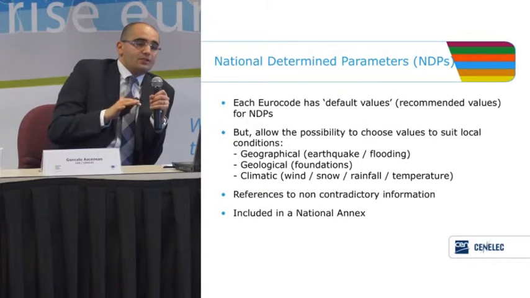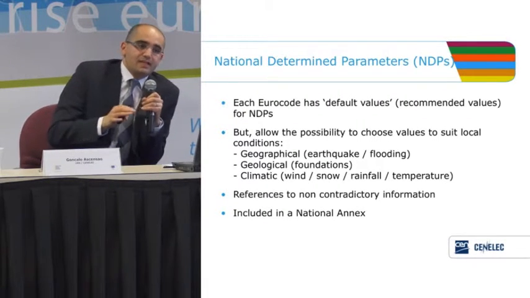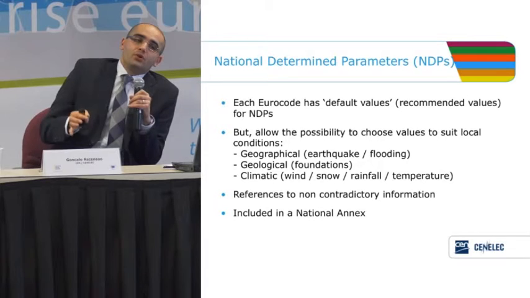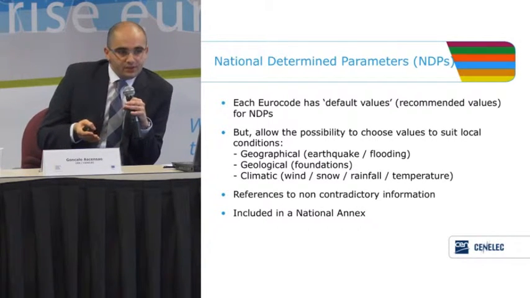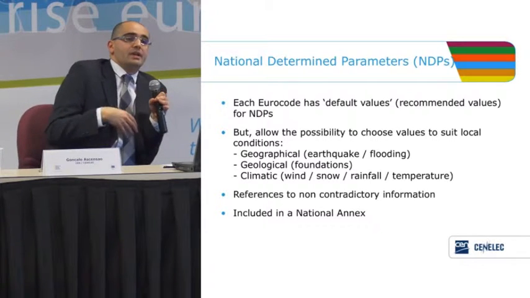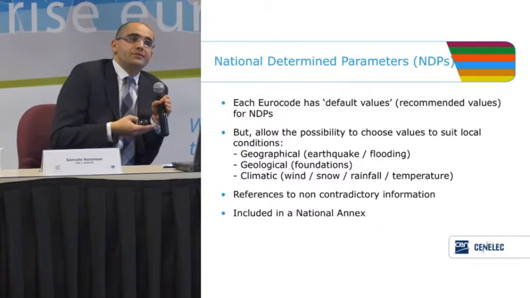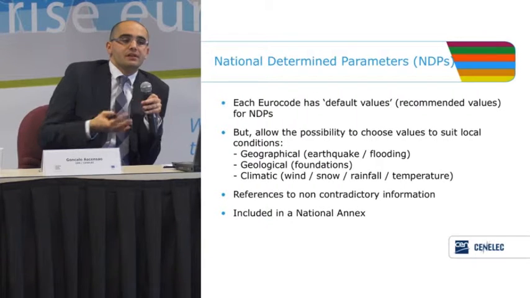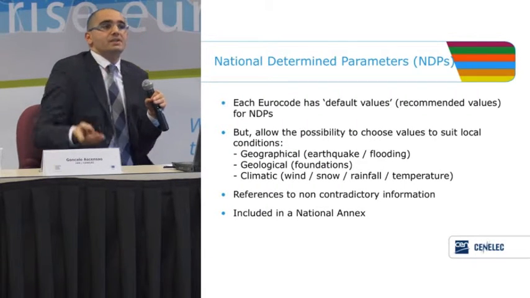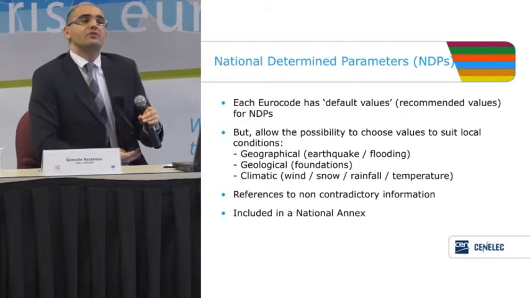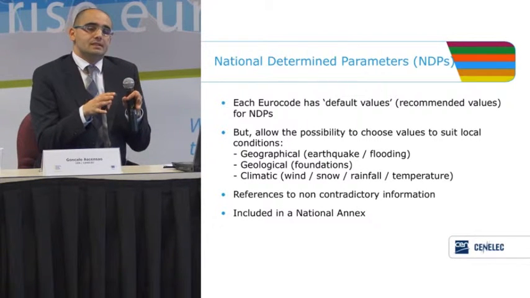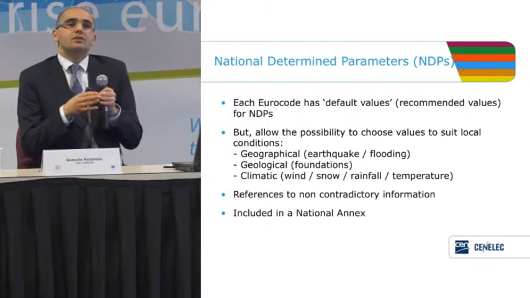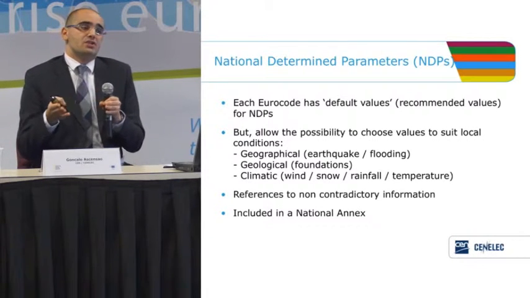So, as I said, one of the special aspects of the Eurocodes is that they allow the use of nationally determined parameters. What does that mean? In each Eurocode we have default values in the European standard and recommendations for national values. However, these recommended values are very closely linked with national regulations.